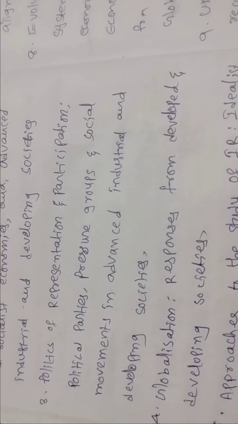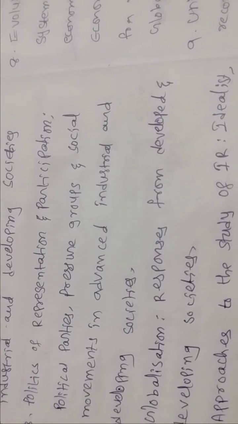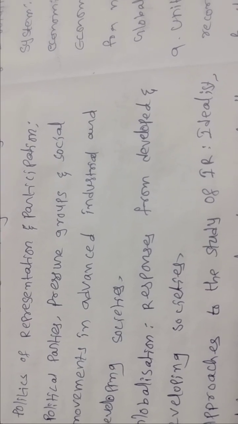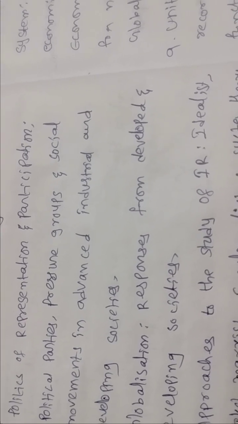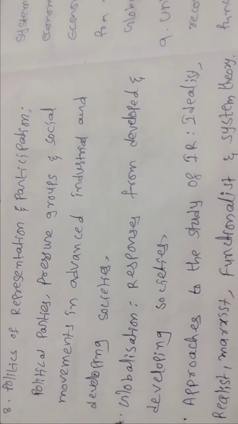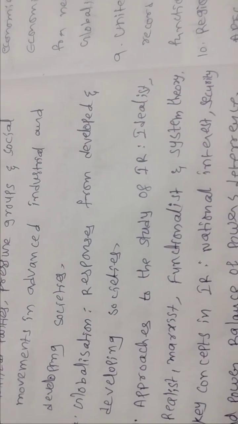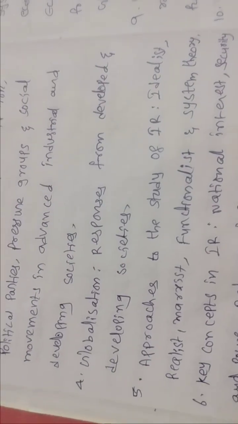Chapter 3, politics of representation and participation, political parties, pressure groups and social movements in advanced industrial and developing societies. Fourth chapter, globalization, responses from developed and developing societies.